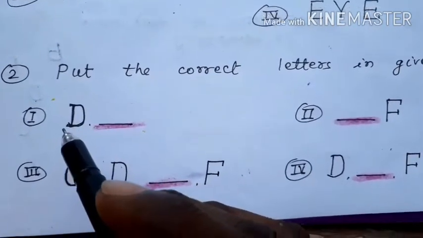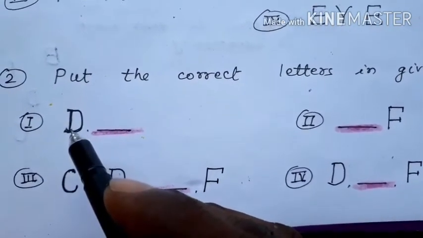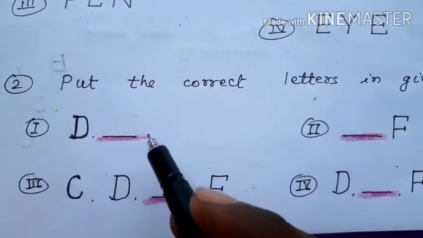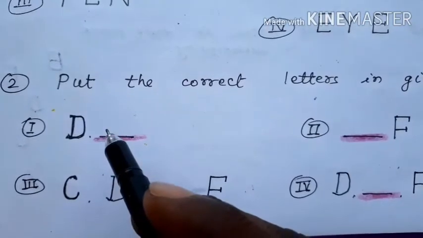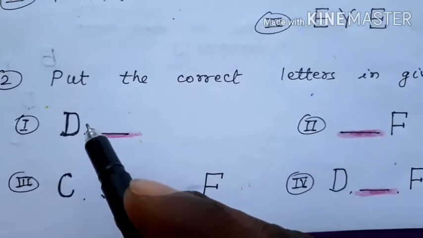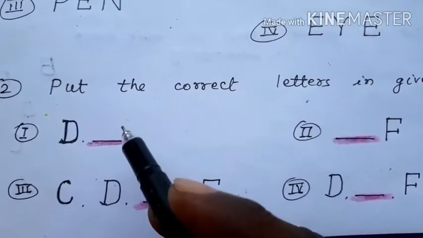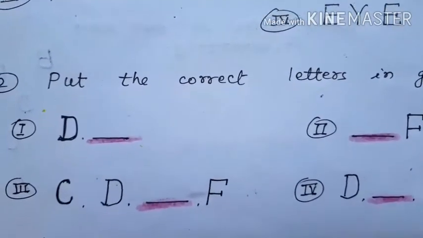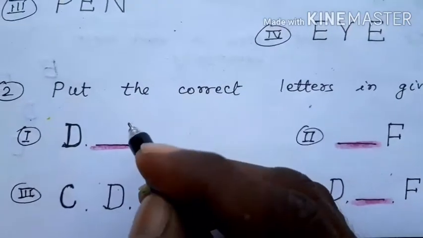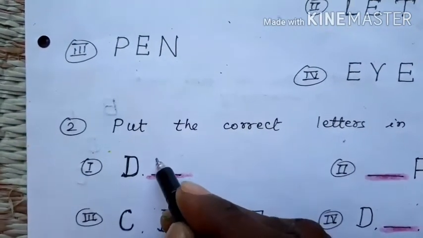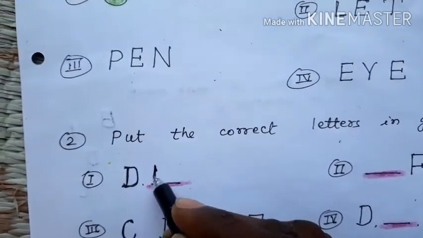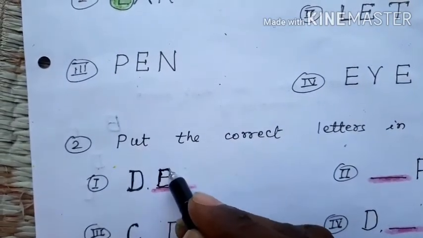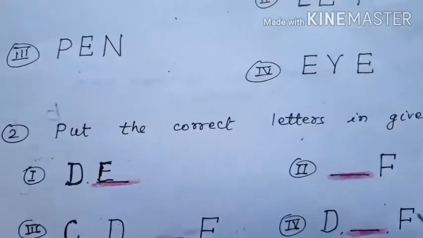Now first see D, and after D a gap remains, so we have to fill which letter comes after D. So they have to first read, then they have to put here E. Which letter? E. Now in this way they complete this.